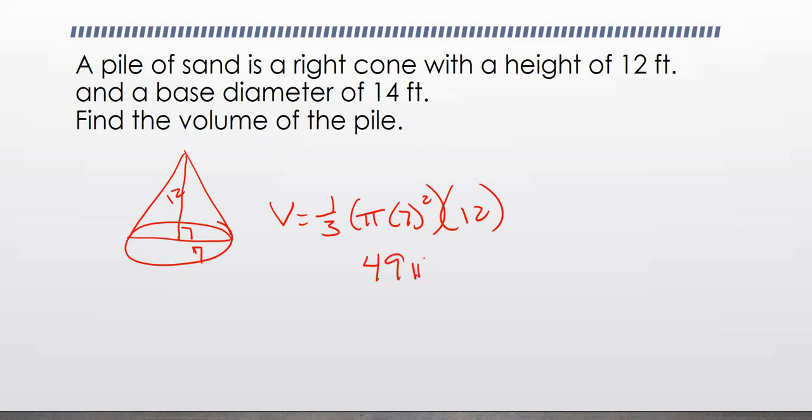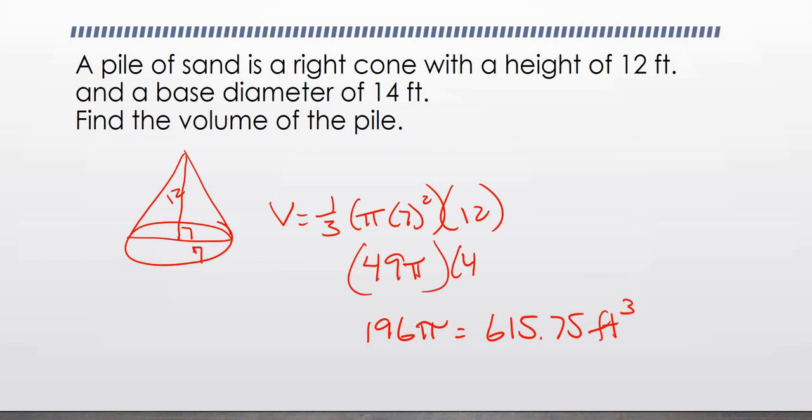So that's 49 pi times 4, which equals 196 pi. And if you want to approximate that in decimal form, 615.75. This again was feet cubed.